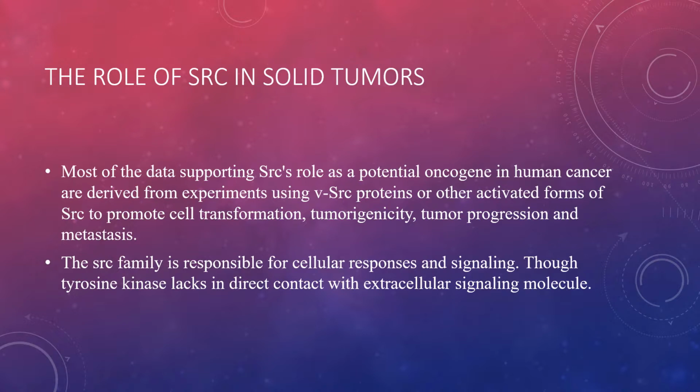The role of SRC in solid tumors. Most of the data supporting SRC's role as a potential oncogene in human cancer are derived from experiments using vSRC proteins or other activated forms of SRC to promote cell transformation, tumorigenicity, tumor progression, and metastasis.